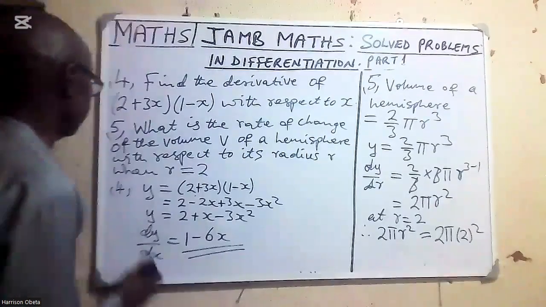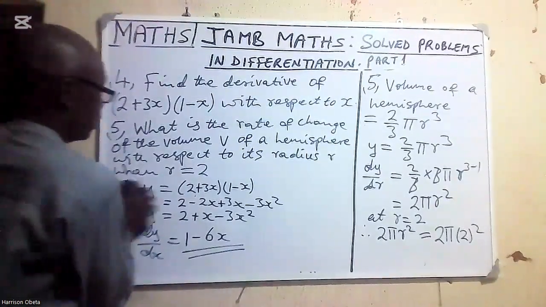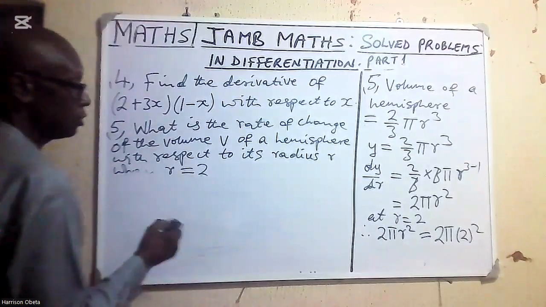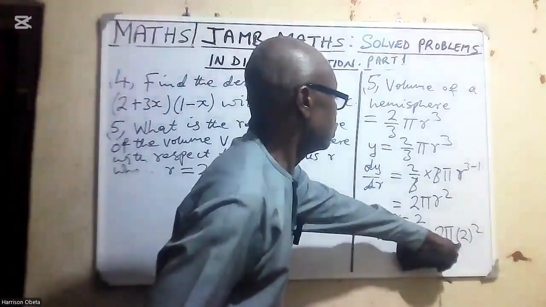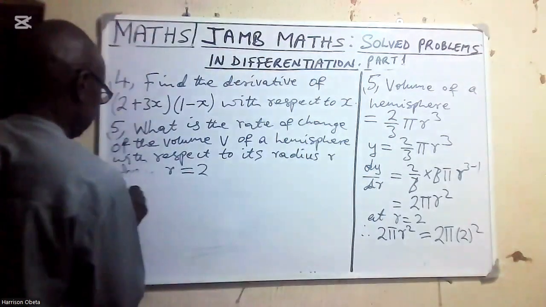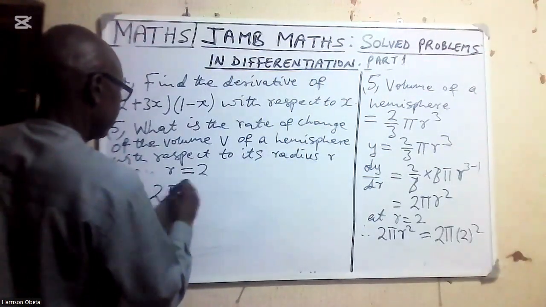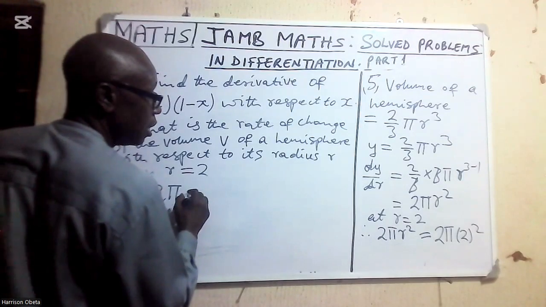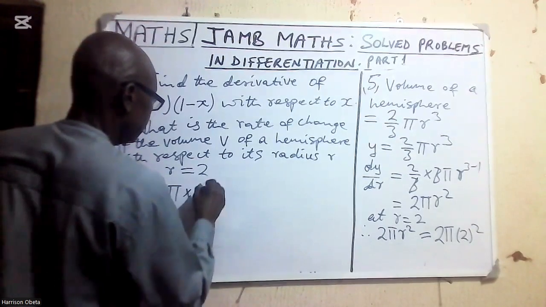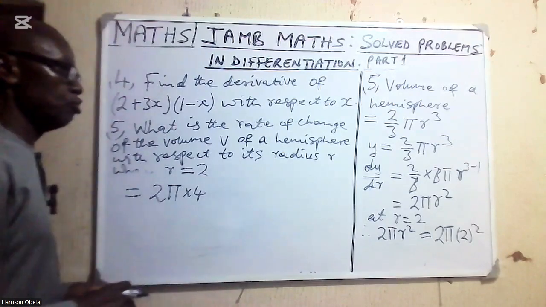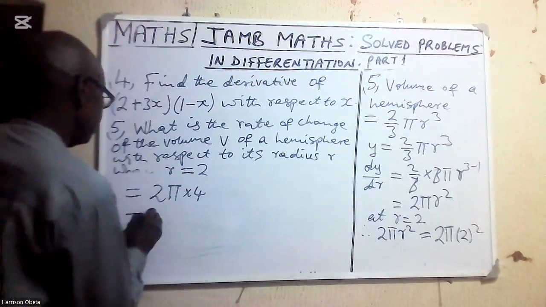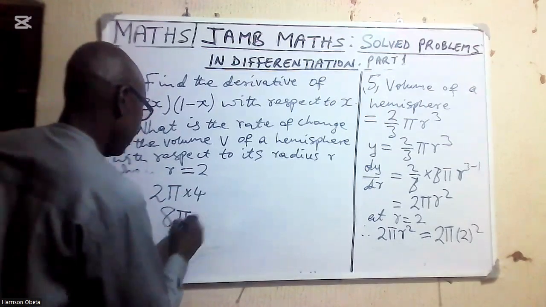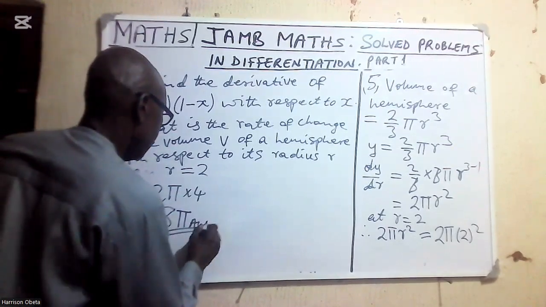So coming back here, that should give us 2 pi multiplied by 4, because 2 times 2 is 4. So finally the answer is 2 times 4 is 8, 8 pi as our answer.